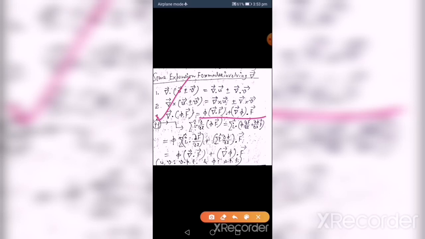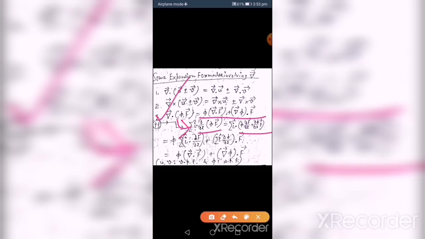Summation i dot del by del x of phi F, del dot phi F equals this. We are writing in terms of summation. Differentiating partially with respect to x, we are getting two terms.